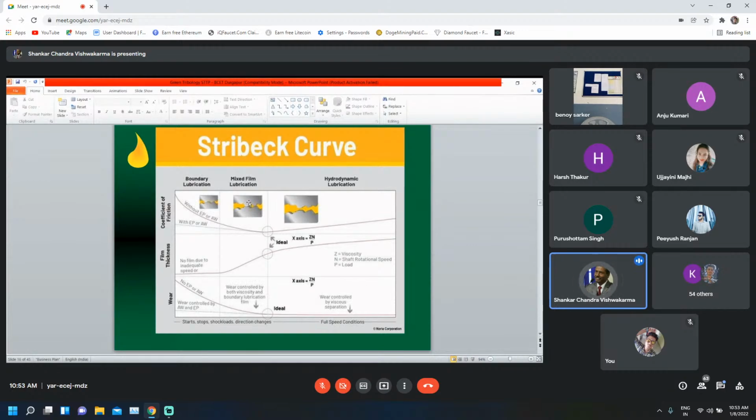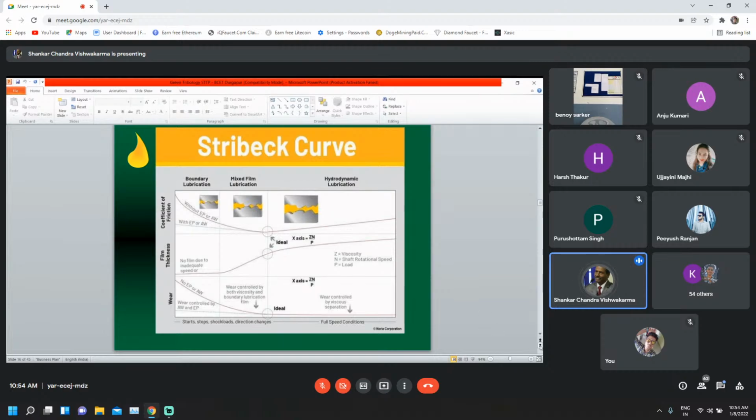But in mixed, you will find the asperities have reduced to a very small number. So asperity interaction is very little, and in hydrodynamic there is almost zero asperity interaction. It is the film which is squeezed between the space and develops the pressure, and that pressure takes care of the load on the two components transmitting the power.